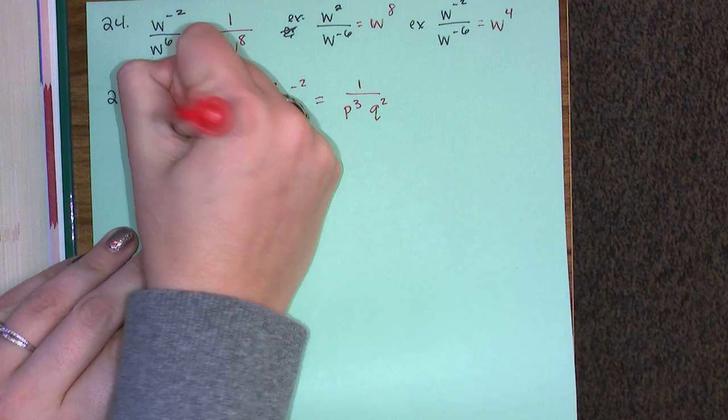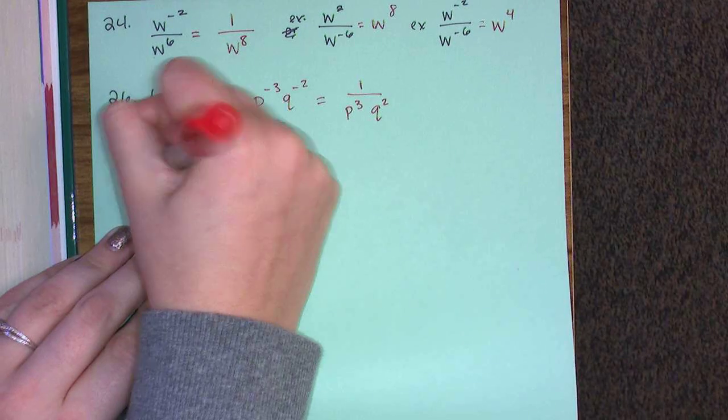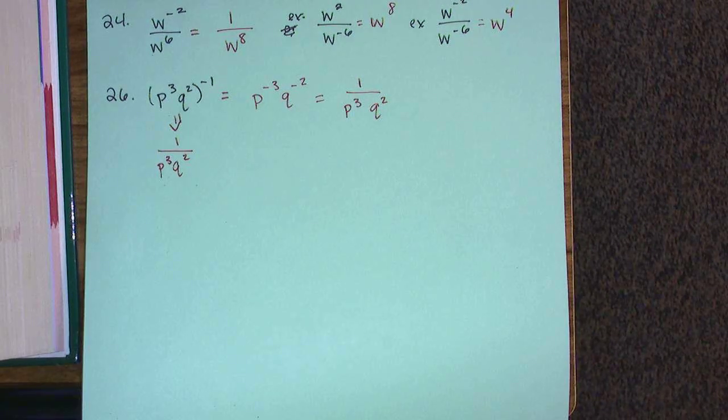So I could have actually just gone 1 over p cubed q squared, and basically saved myself a step. So either way is fine. I just like saving myself steps if I can help it. Cool? Okay.